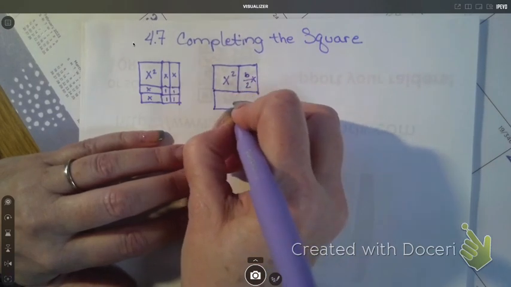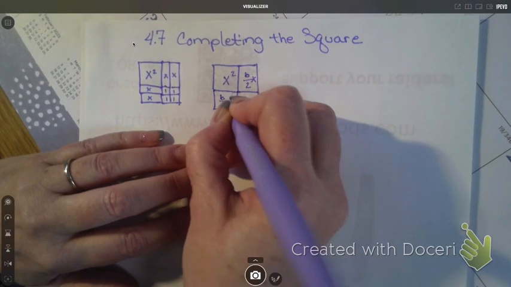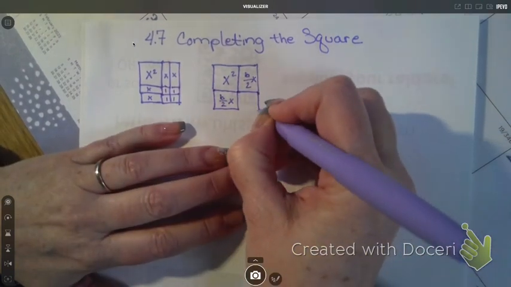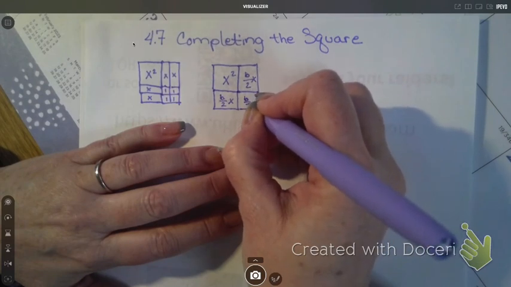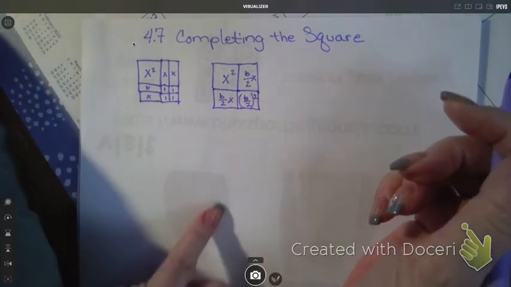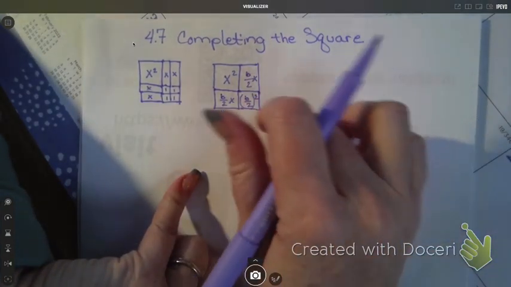And then the unit squares over here, it'd be b over 2 squared, which you were supposed to kind of get out of the activity we did.